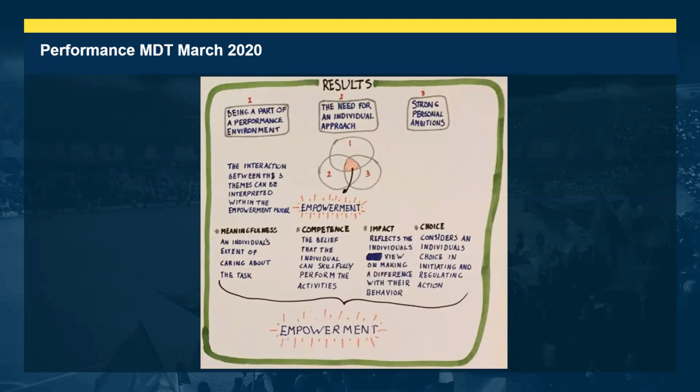Competence is the belief that the individual can skillfully perform the activity. Impact reflects if the player thinks this behavior or this change in behavior will have any impact on him. And choice considers an individual's choice of initiating the exercises or the behavior and regulating it.